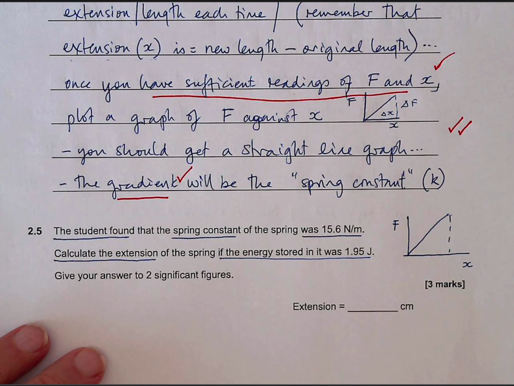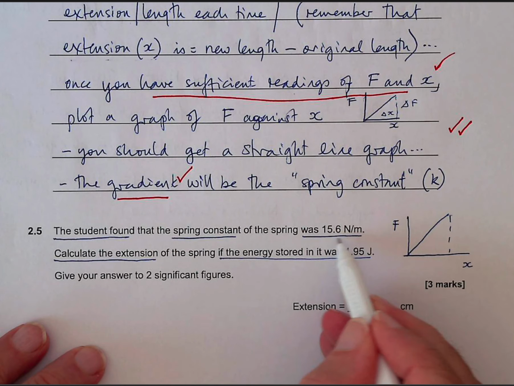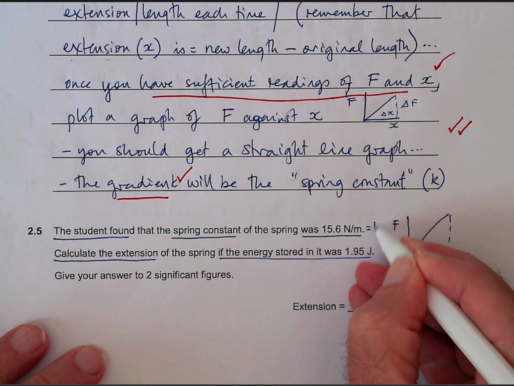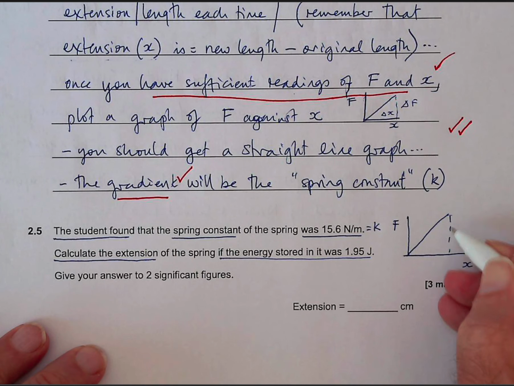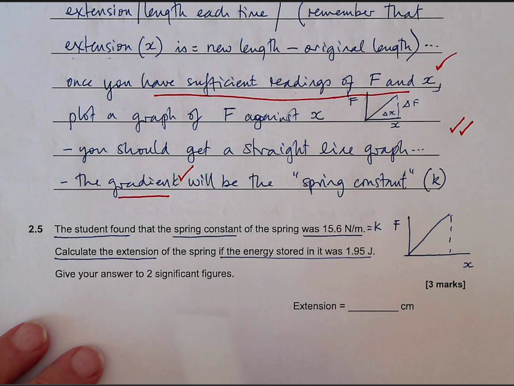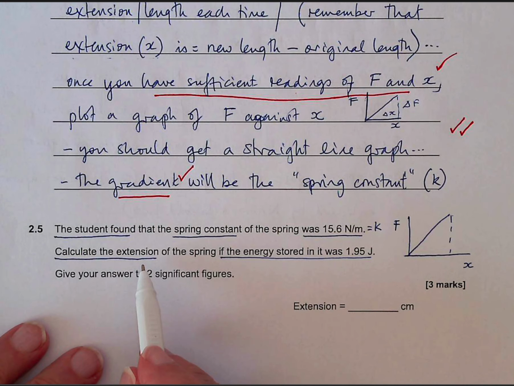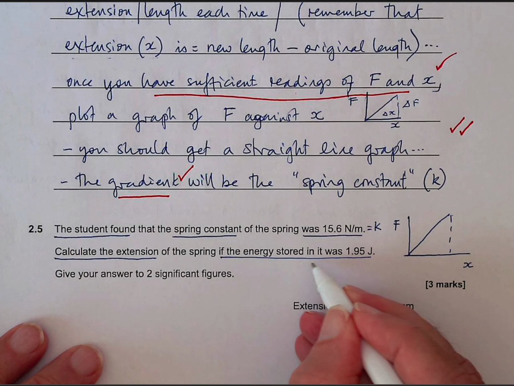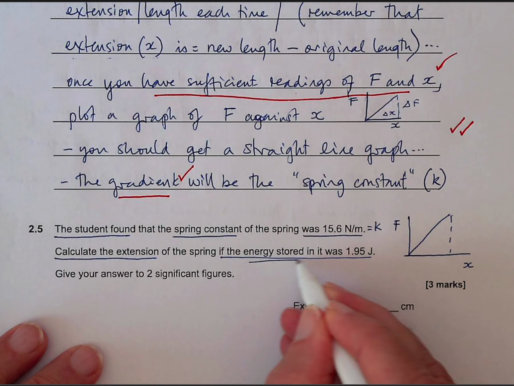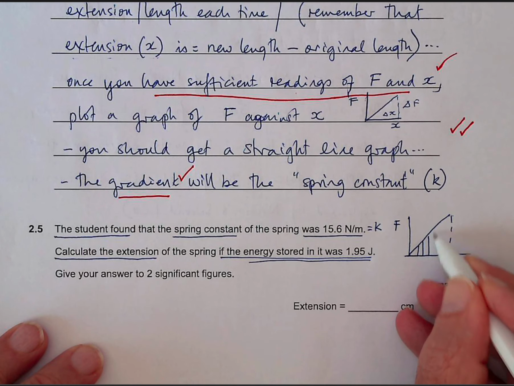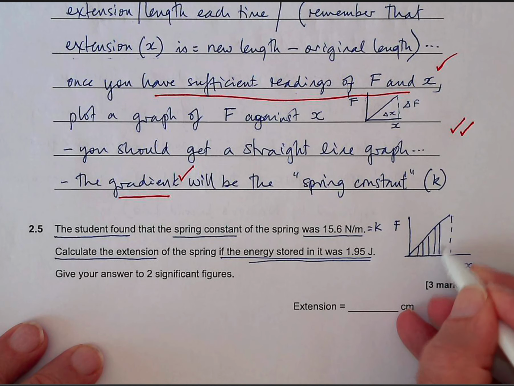So it says the student found that the spring constant was 15.6 newtons per meter. So that's k. Remember, k is the stiffness, the gradient of the graph which I've sketched. Calculate the extension of the spring if the energy stored in it was 1.95 joules. Now remember, energy stored is the area underneath that graph.